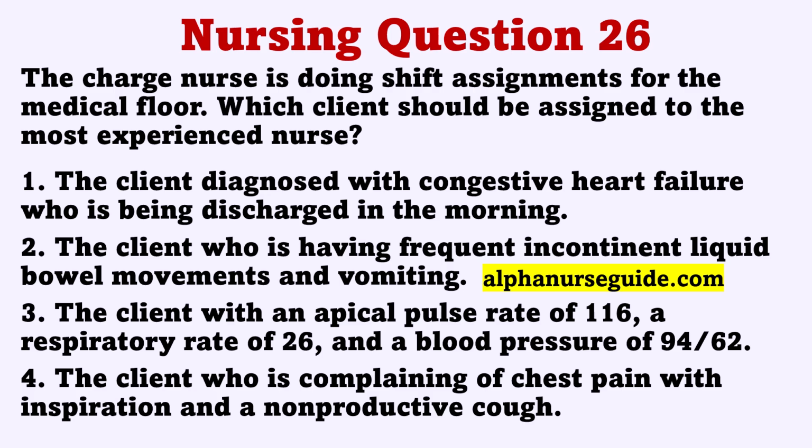Therefore, this client does not need to be assigned to the most experienced nurse. The client in option 2 is more in need of custodial nursing care than care from the most experienced nurse. Therefore, the charge nurse could assign a less experienced nurse to this client. The complaints in option 4 usually indicate muscular or pleuritic chest pain. Cardiac chest pain does not fluctuate with inspiration.